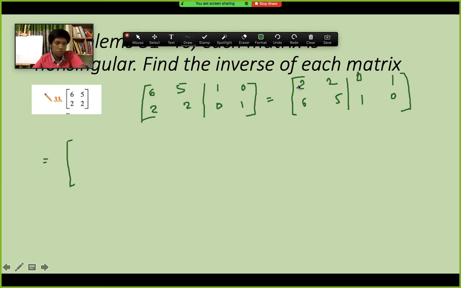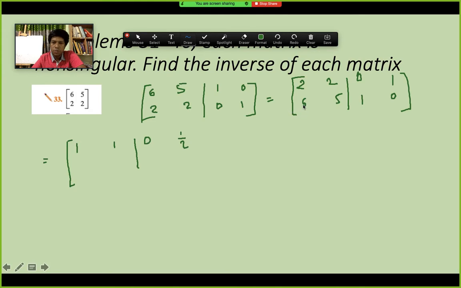So which one should we do first? Both are fine. Okay, let's divide it by 2 first. Let's divide this line by 2. Then it becomes 1, it becomes 0, it becomes 1 by 2.